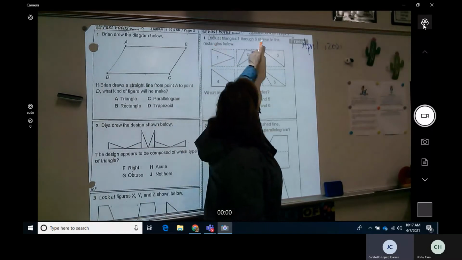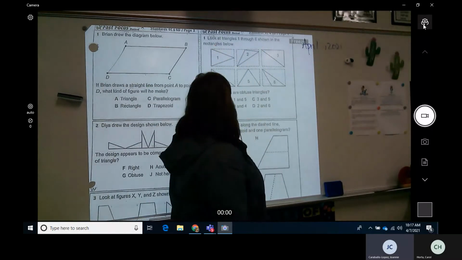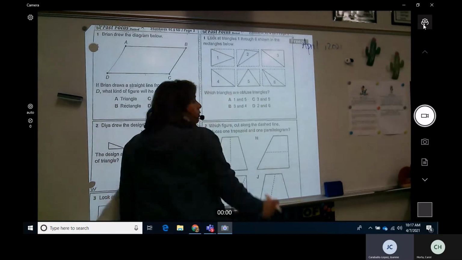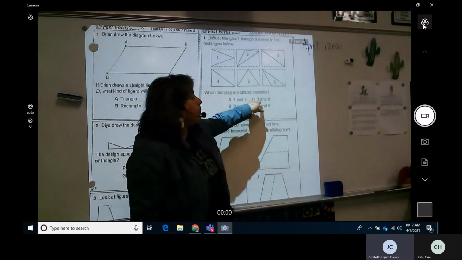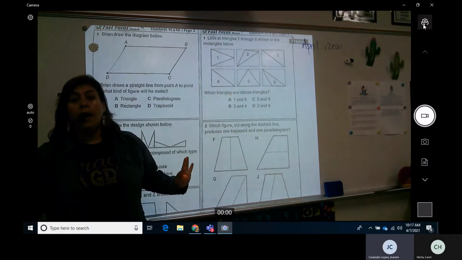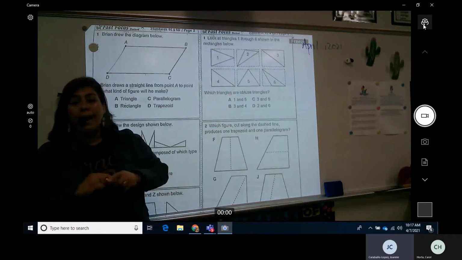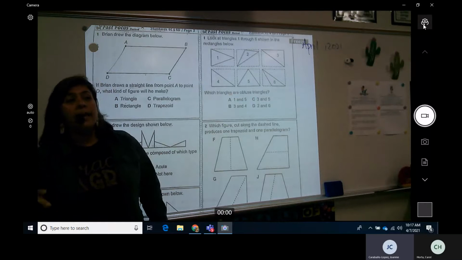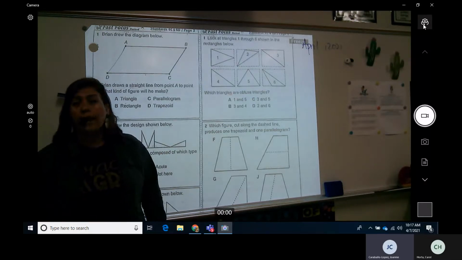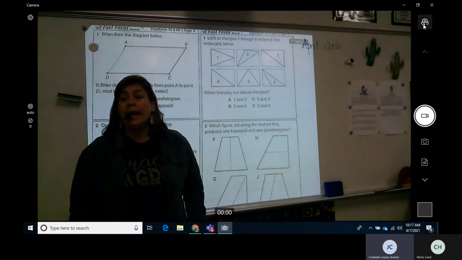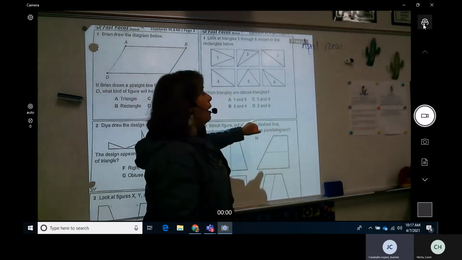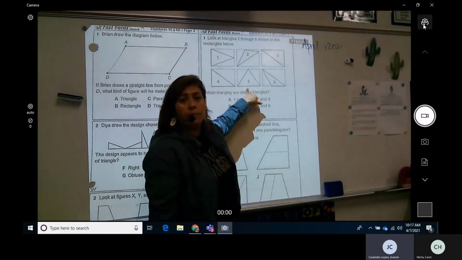Look at triangles 1 through 6 shown in the rectangles below. Which triangles, so this is plural, right? Are obtuse triangles, which means there's going to be more than 1, right? So which triangle could I eliminate immediately because it is not an obtuse triangle? 1, 2, 3, let's say it together. 5. Yes. Why? Because number 5 is what kind of triangle?